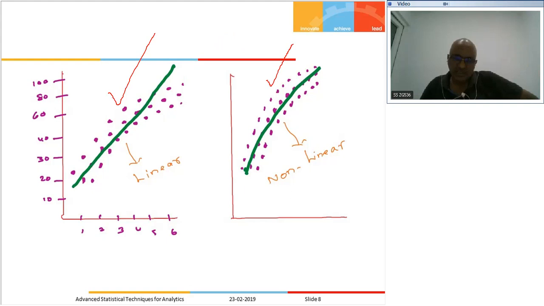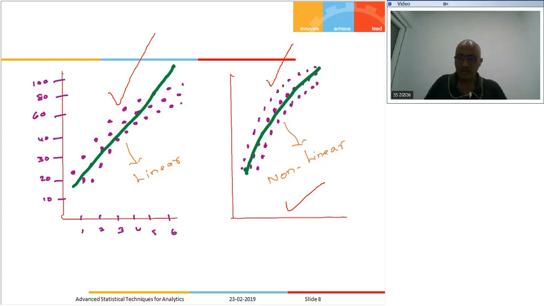Assume that both are the same data points. Which one do you feel is good to use? The second one, right? The second one is most appropriate, not the first one.